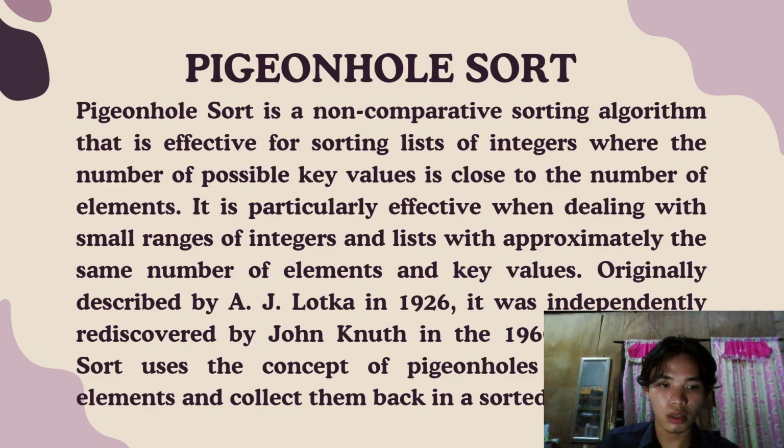Pigeonhole sort was originally described by A. J. Lotka in 1926. It was independently rediscovered by John Nant in the 1960s. Pigeonhole sort uses the concept of pigeonholes to distribute elements and collect them back in a sorted order.